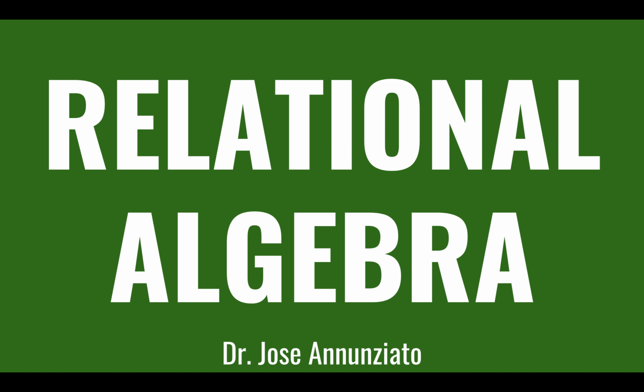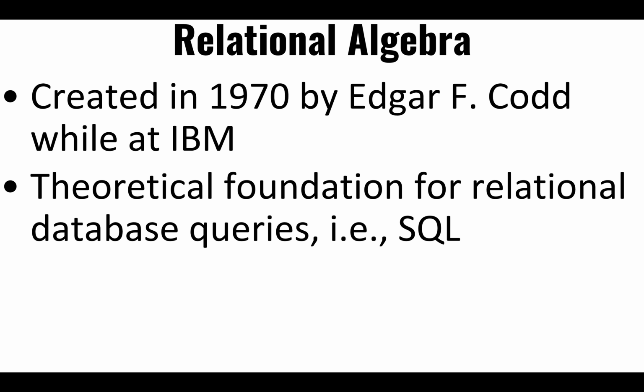So early on, in the 1970s, Edgar Codd, while working at IBM, was at the beginnings of the relational database, looking for a mathematical foundation for this new idea of breaking up large data sets into constituent tables and rows and then having them related to one another.